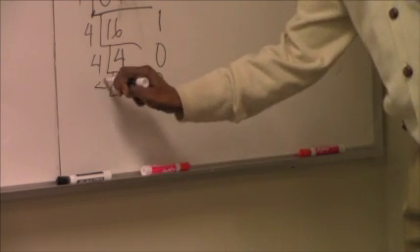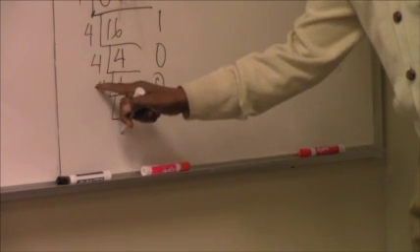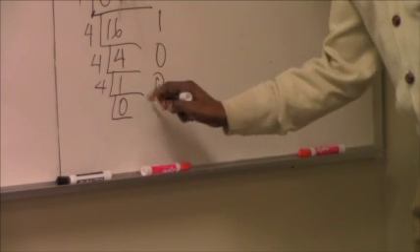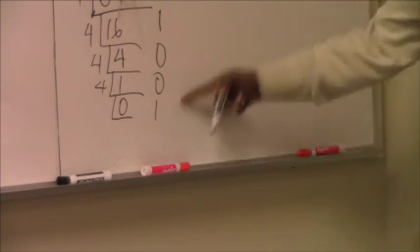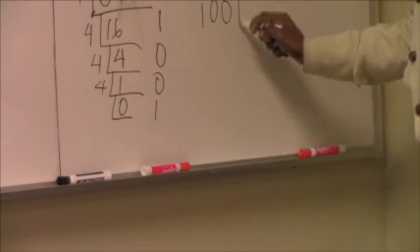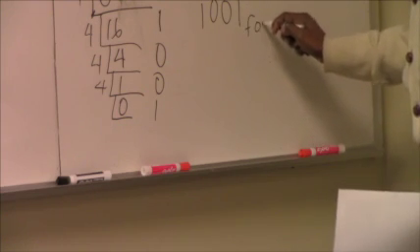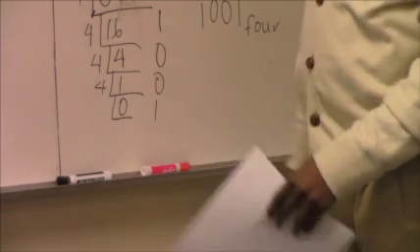And then I'm going to divide 1 by 4. 4 cannot go into 1, so we say 0. 4 times 0 is 0. 1 minus 0 is 1. And then the result, I have to read it from the bottom up. It's going to be 1001 base 4. So now we have our result.